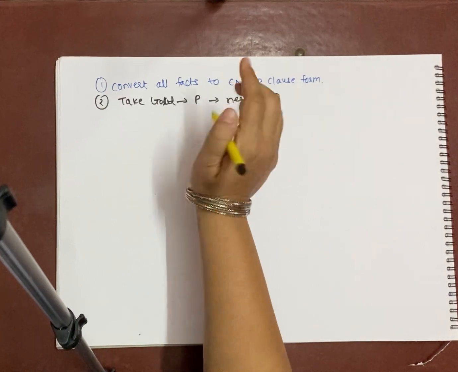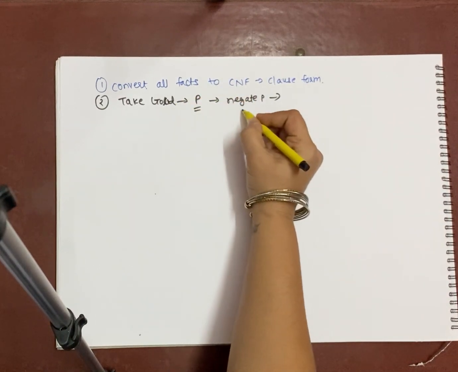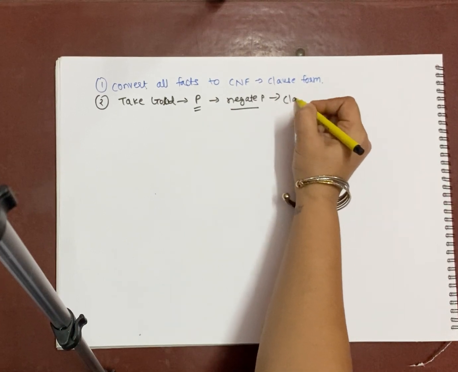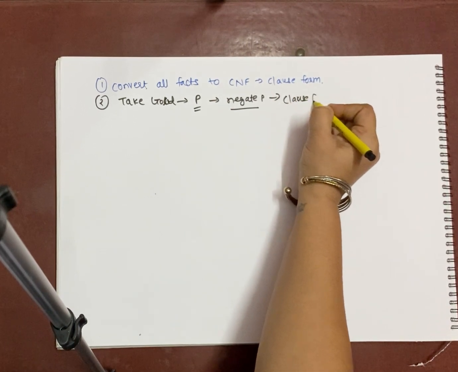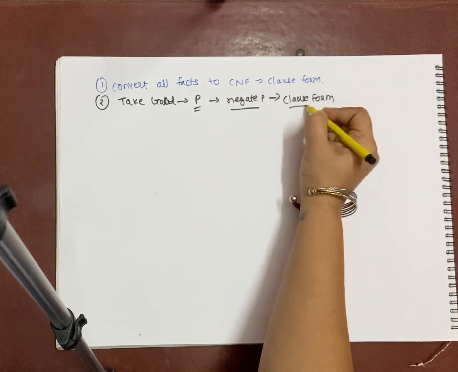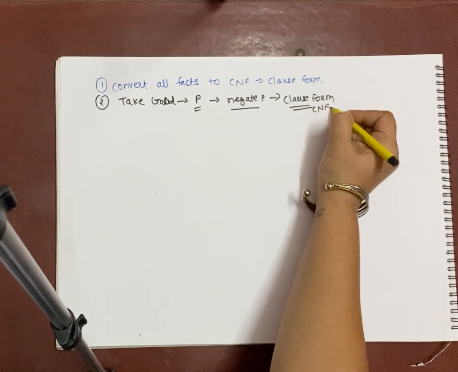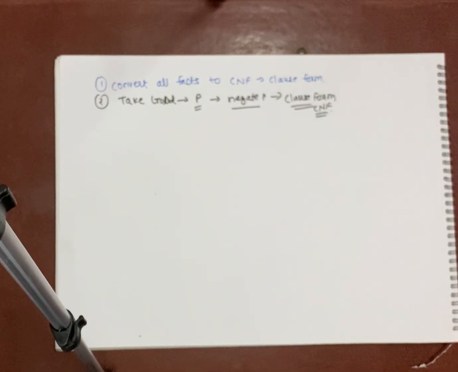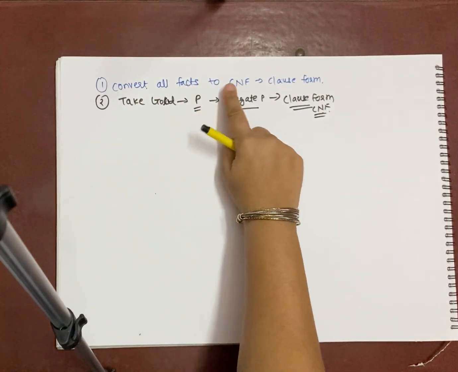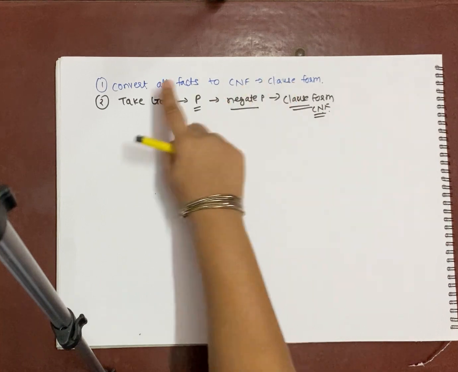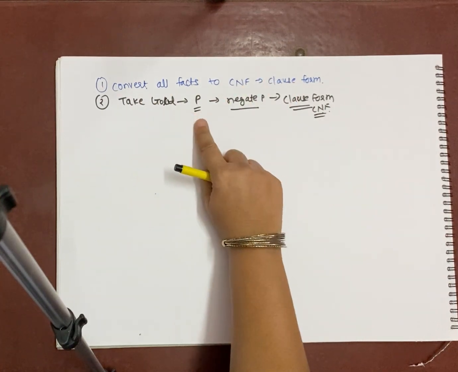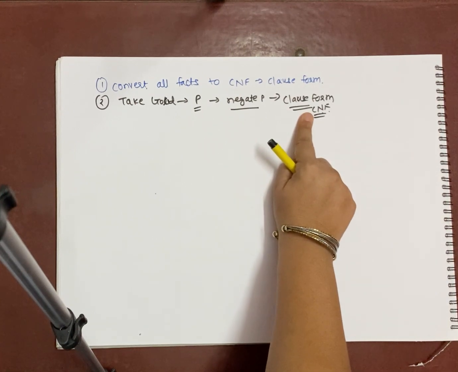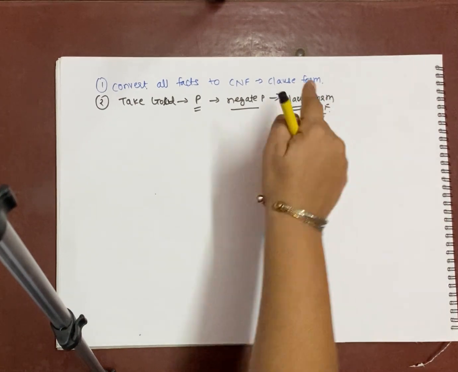Take the goal, let us say our goal is P, then first of all negate P, and after negating P, convert it to clause form. That clause form is nothing but CNF, conjunctive normal form, the algorithm which we had discussed in the last lecture. So convert all facts first of all to CNF clause form, then take the goal, let us assume the goal is P, negate P, and then convert the negated goal to conjunctive normal form.